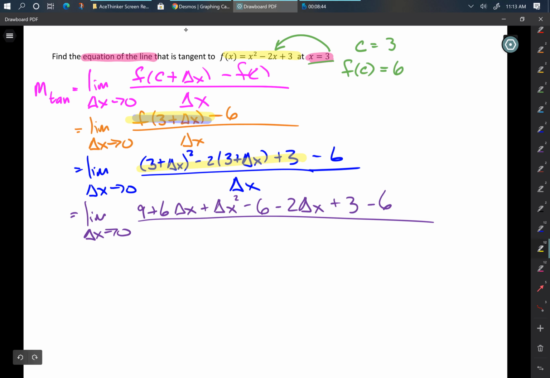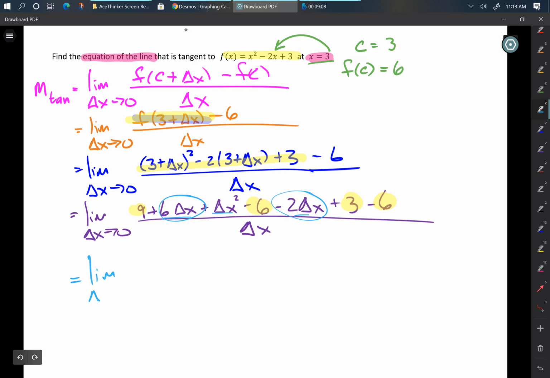Okay, now what you'll notice is 9 and 3 is 12, negative 6 and negative 6 is negative 12. Those cancel. Oops, I forgot something. It's all divided by delta x. Sorry about that. I just got excited about the numerator. I forgot the denominator. So the constant terms are going to cancel. Everything left is going to have a delta x in it. And actually, these two can be combined.